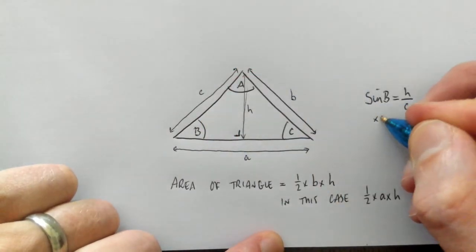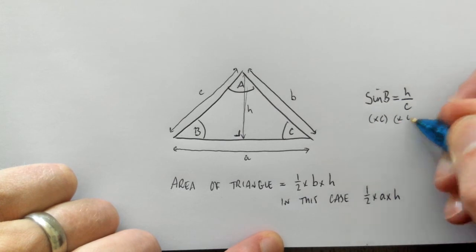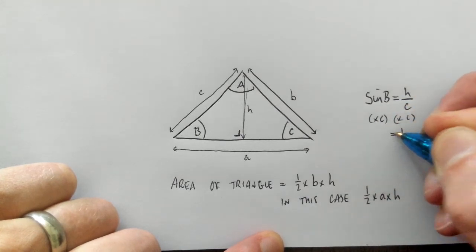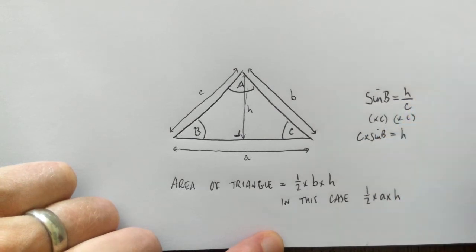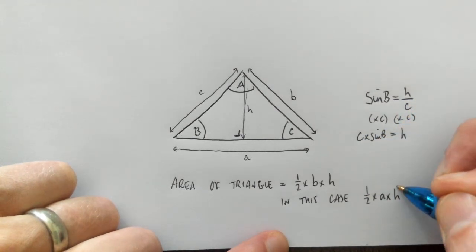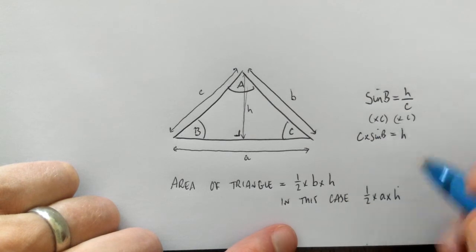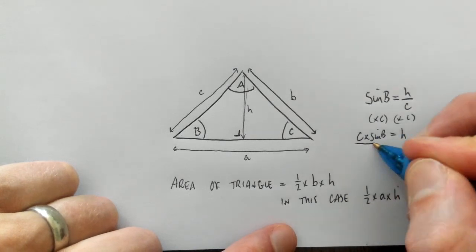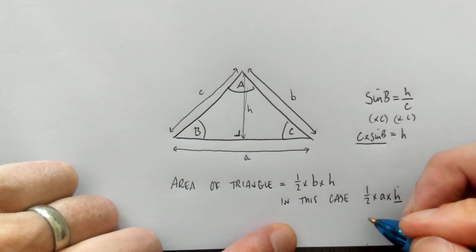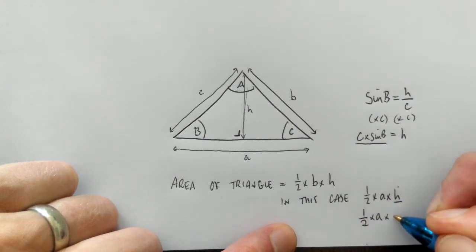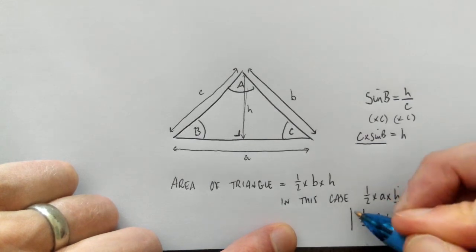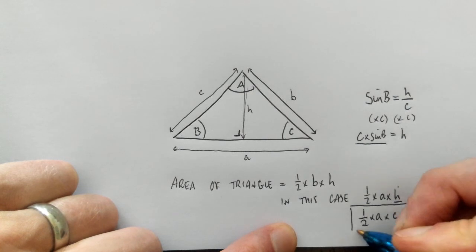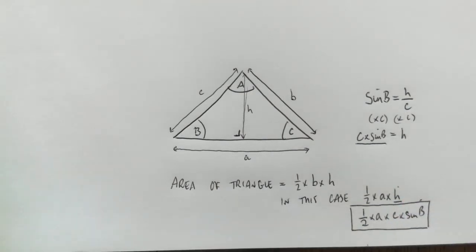If I multiply by c both sides, I get h is equal to c times sine B. So look, this is what we have for this triangle, half times a times h. If I put this in for h, I get half times a times c times sine B. And that's what they call the area of the triangle using the sine rule.